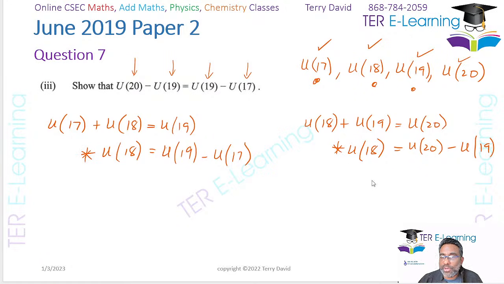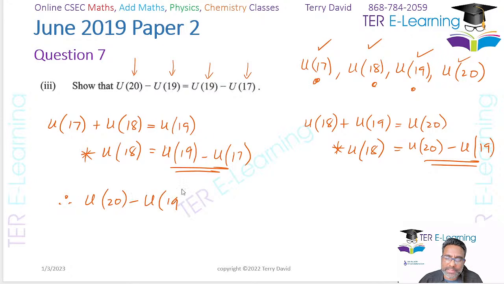So this here has to be equal to this. So therefore, U20 minus U19 is equal to U19 minus U17, which is what it told us to prove. So what I did, I worked out an expression for U18 in both instances and put them equal to each other.